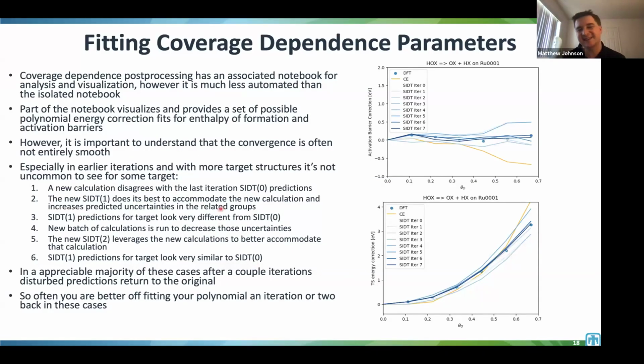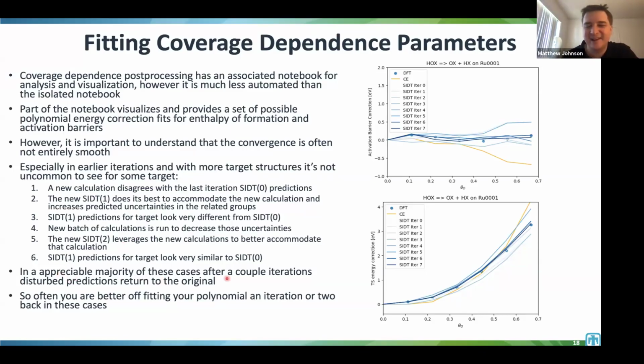But what it also does is increase the uncertainties on all of the nodes that are associated with that. And then the next iteration, it'll run a new batch of calculations that will be focused on removing those uncertainties, and then it will fix itself, essentially. And what you'll realize is that the new SIDT prediction, after that process, will look very similar to the original.